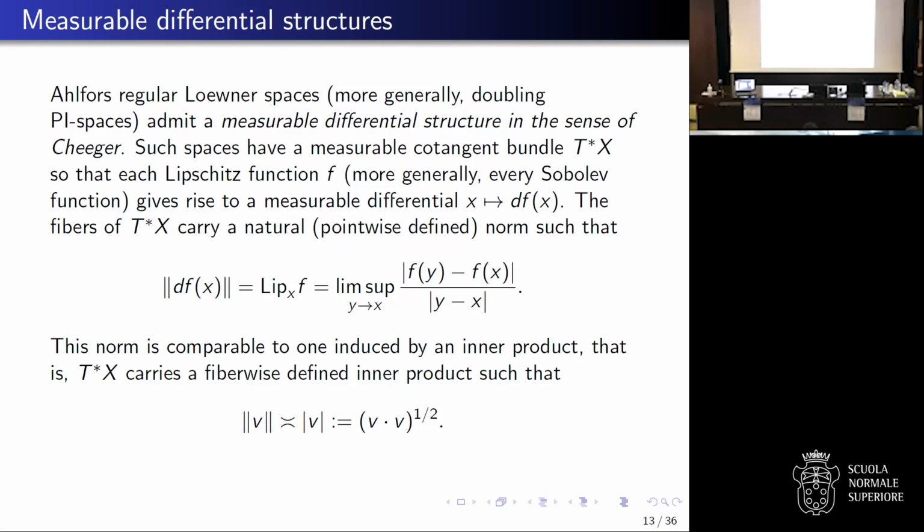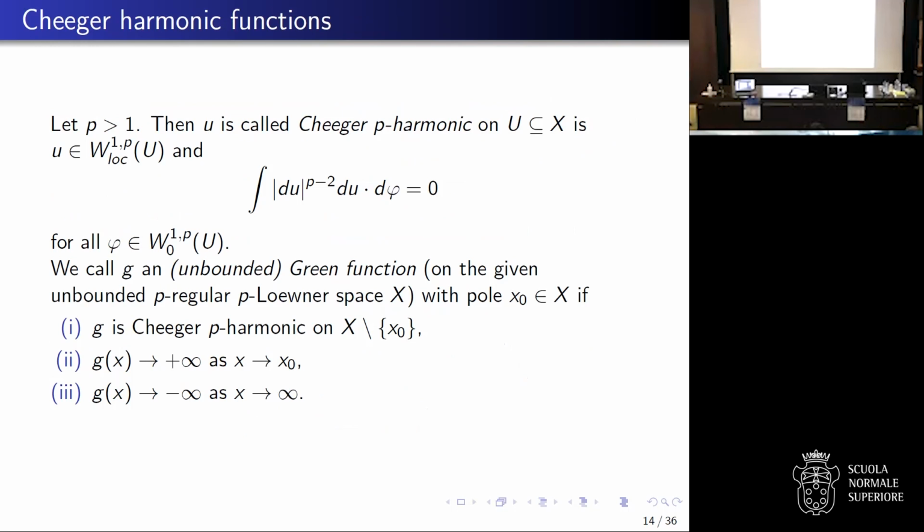So if you want, you can replace this norm by an inner product norm, and you have an inner product that you can use here. Once you have this, you can completely repeat the previous discussion in this general setting.